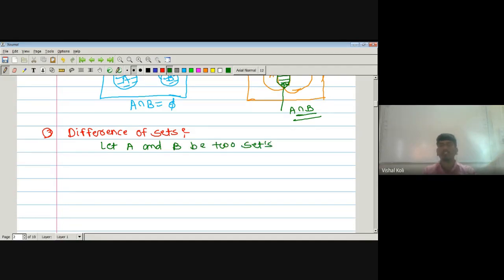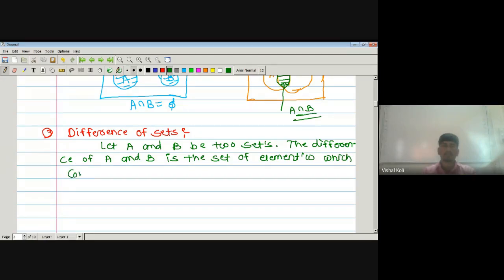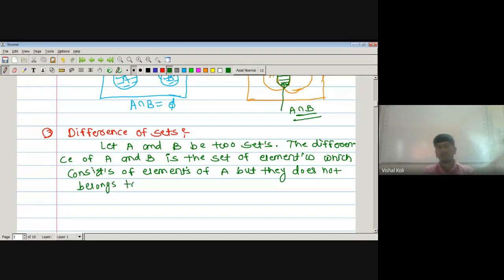The difference of A and B is the set of elements which consist of elements of A but they do not belong to B.